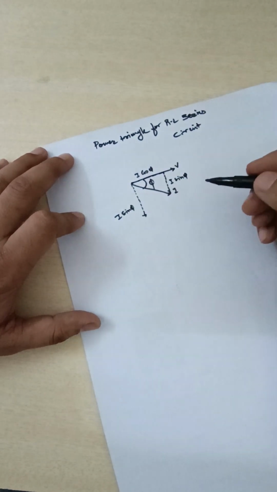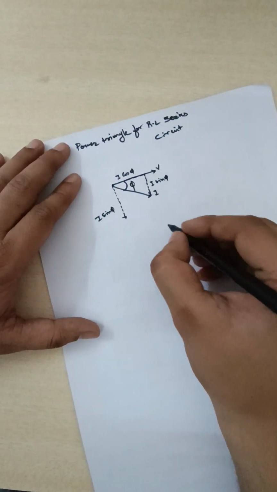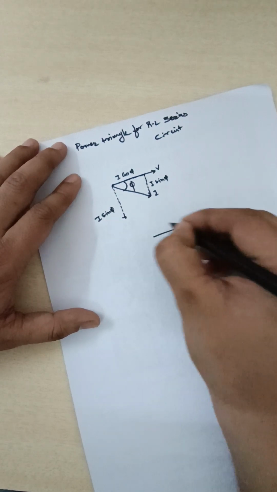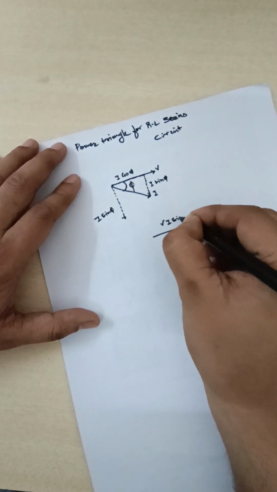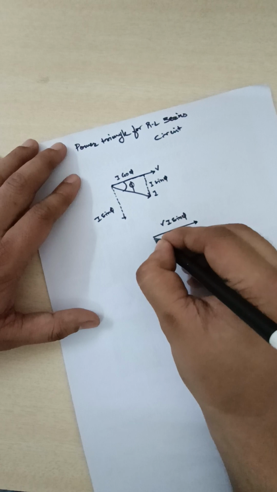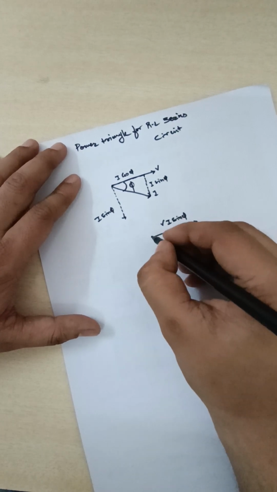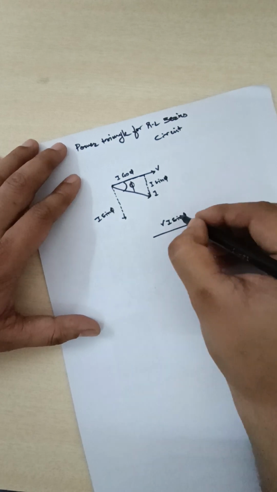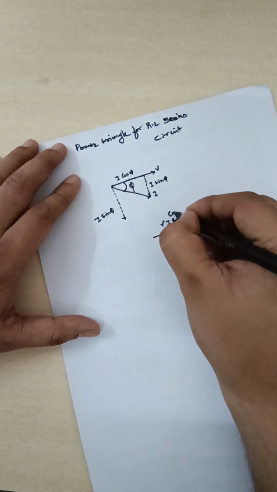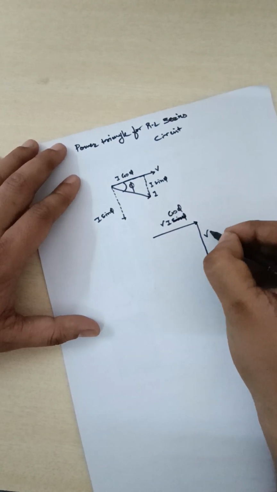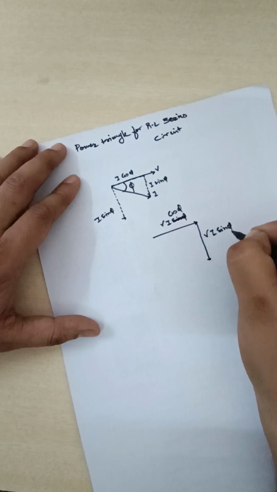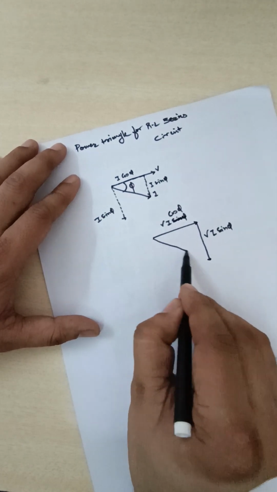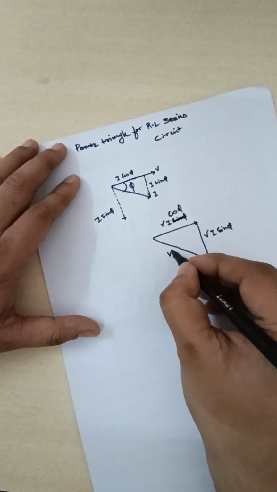On multiplying this triangle with voltage, what you will get, sorry, here you will get VI cos phi, and here VI sin phi. So it will be the total V into I.